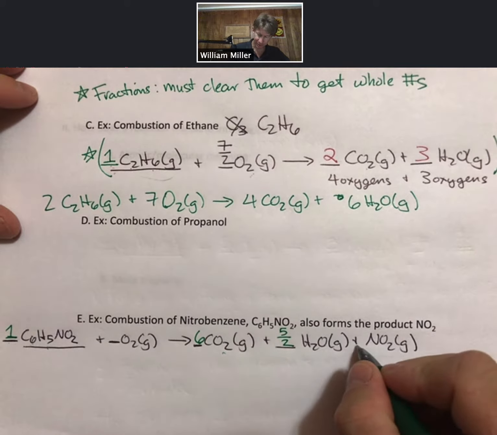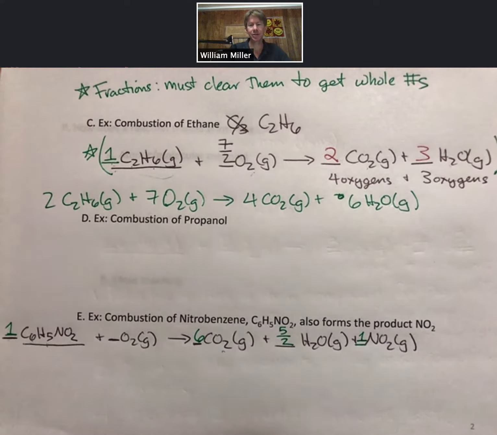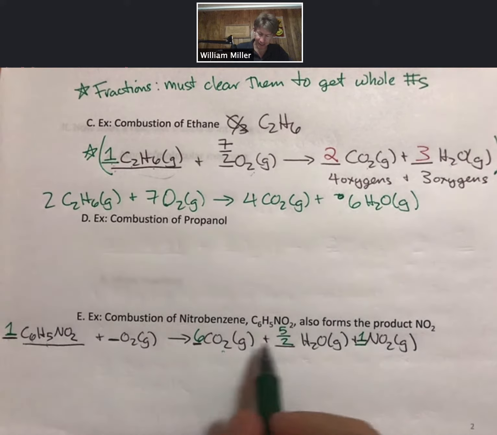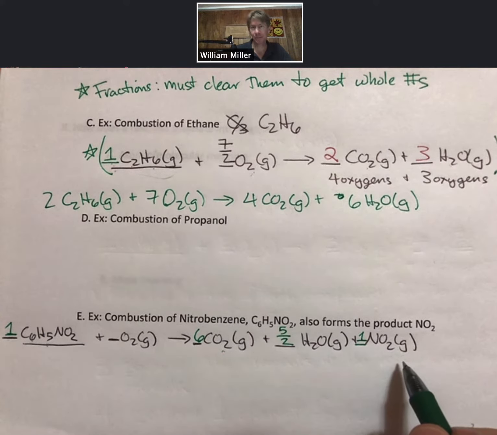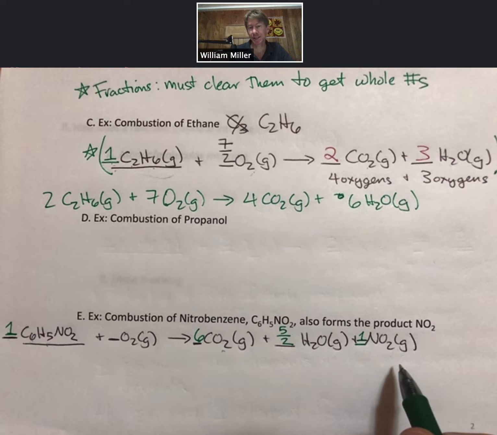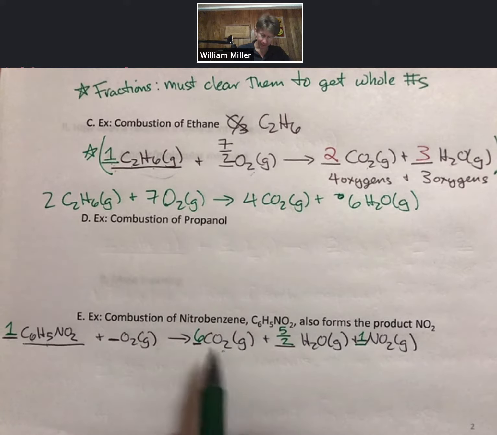And, I forgot my line for my new product, my nitrogen dioxide. And think of it this way: if you have any other elements in this compound, there will be products of the combustion process involving those elements, and I always tell you what they are. Okay, so now let's see, yes, everything's balanced except oxygen.